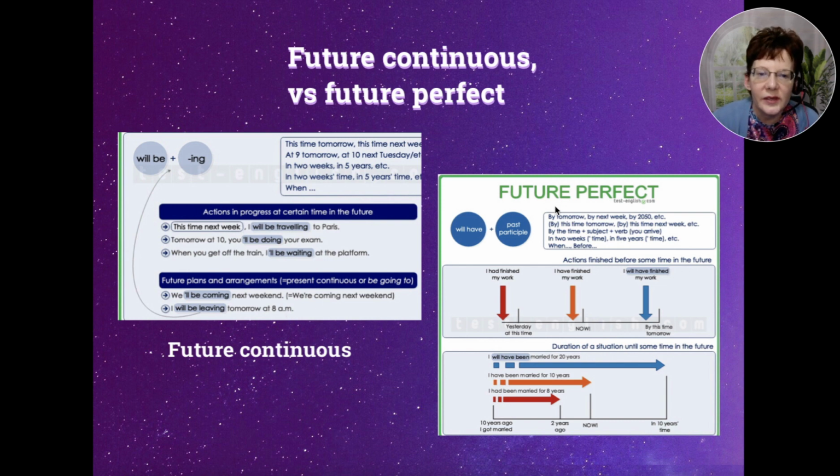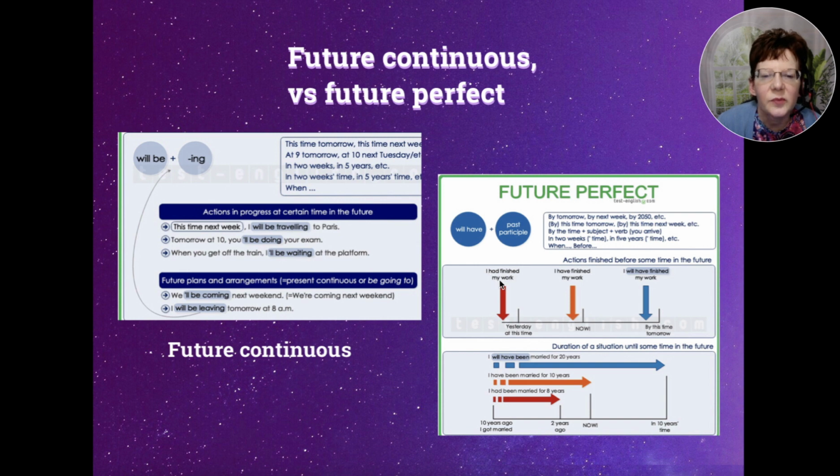Okay, now let's look at future perfect. This uses will, have, plus the past participle of a verb. So an example would be, by this time tomorrow. These are actually signal words. By tomorrow, by next week, by 2050, etc. So you'll see an example starting with the past perfect.